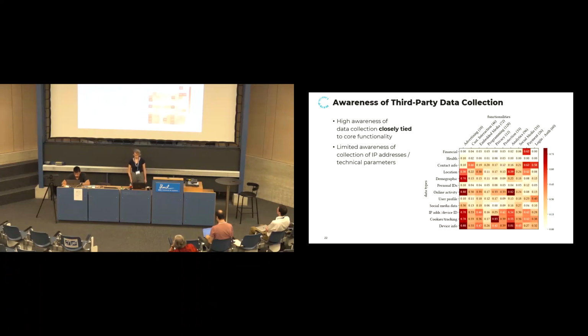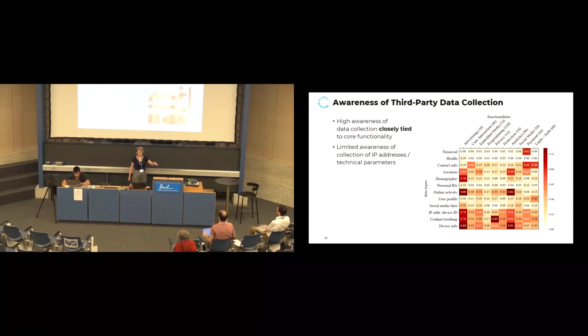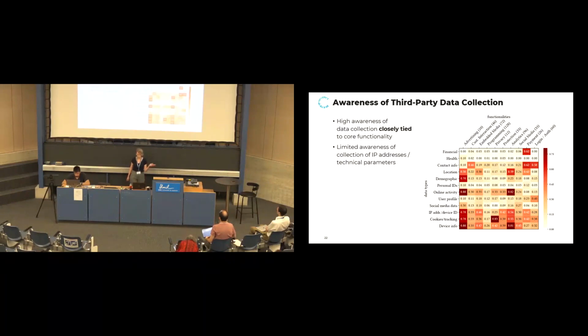And then we asked people if they were aware of data collection through the third party, and here our main finding was that people are typically more aware of data collection that's closely related to the core functionality of the library. Like if I use analytics, then it's somewhat clear that it collects what people do on the website and their browser information.